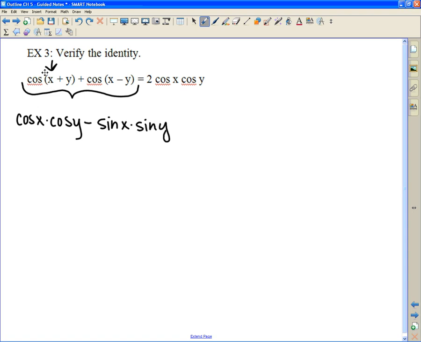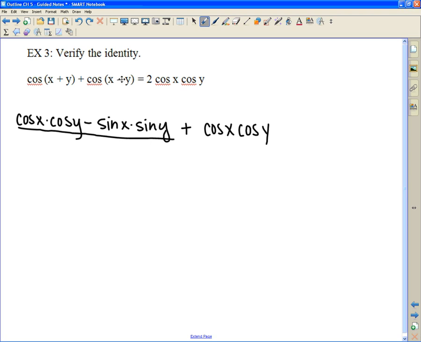That's saying that this part right here is equivalent to what I just wrote. Plus, I have another cosine to verify. Another cosine: cosine x, cosine y, the sign change, so this will go from minus to plus sine of x times sine of y.